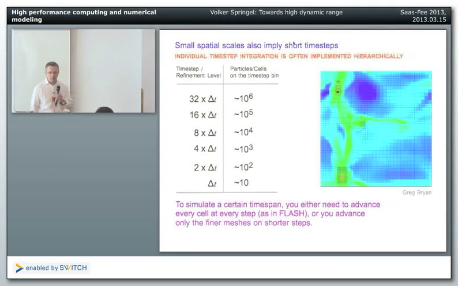Very often this is dealt with in a binary way, that you have a hierarchy of allowed time steps. You calculate, for example, the Courant time step of a cell, and then you put that into a hierarchical sequence of allowed time steps, which differ by factors of 2, right? And they are nested into each other in the time integration, as you'll see in a minute.